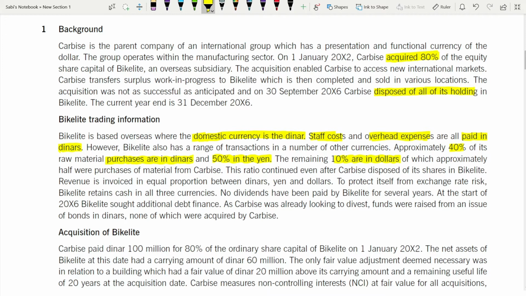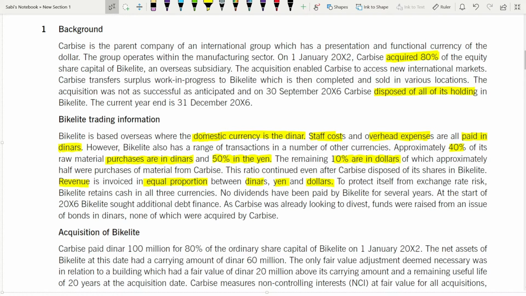This ratio continued even after Kerbis disposed of its shares in Bakelite. Revenues are invoiced in equal proportion between dinars, yen and dollar. To protect itself from exchange rate risk, Bakelite retains cash in all three currencies.